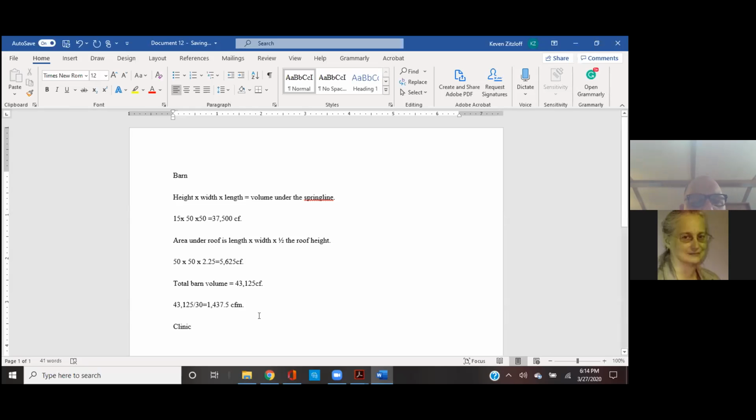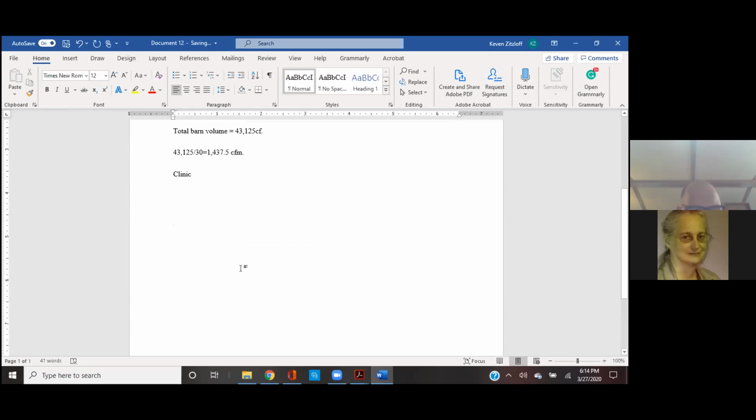Okay, so 30 times 50 times 9. I'm getting that because it's 9'11" to that platform. Right, so I'm figuring like a foot for structure to hold that up.